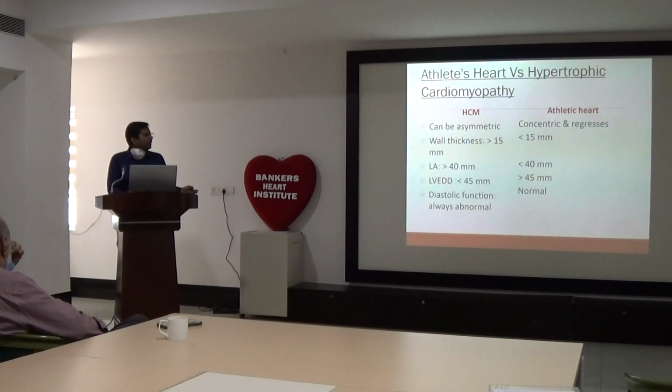The left atrial enlargement will be more significant in HCM, but we are not able to find left atrial enlargement in the athletic heart. The LV end diastolic volume could be less due to concentric LV hypertrophy in HCM, and it could be more in the athletic heart. The diastolic function is always abnormal in HCM, but it is normal in the athletic heart.